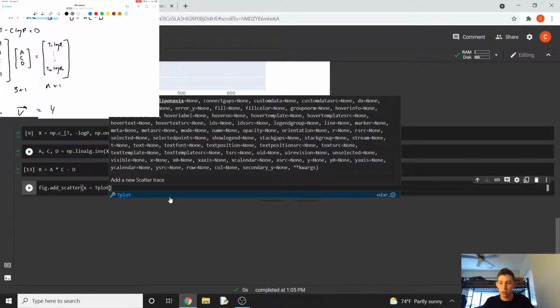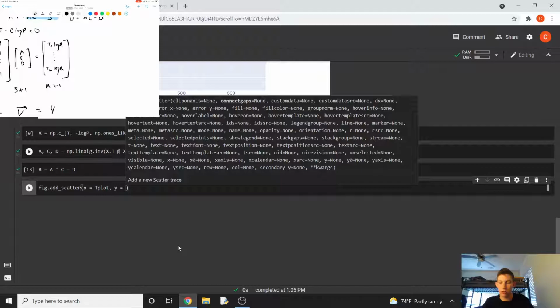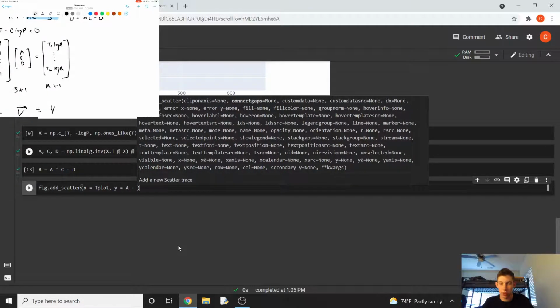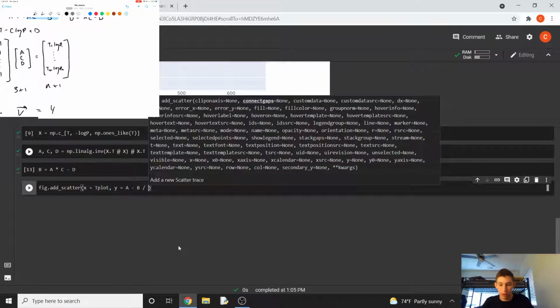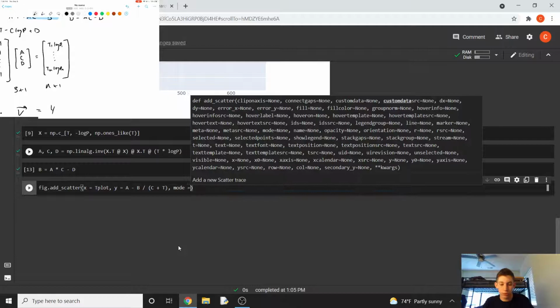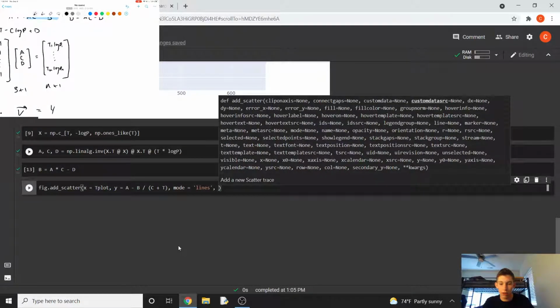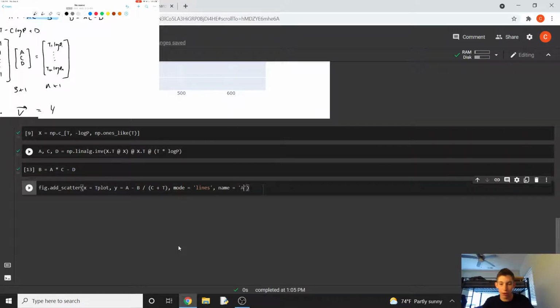We're still going to use the 100 values of the temperature in between just to make the curve smoother. Our y is now going to be, with these updated constants, b divided by c plus t. And then we have to do this as a curve, and we'll name this one our Antoine linear.